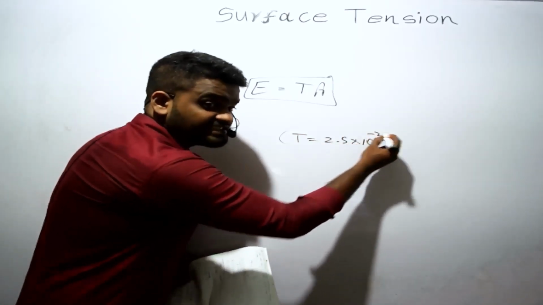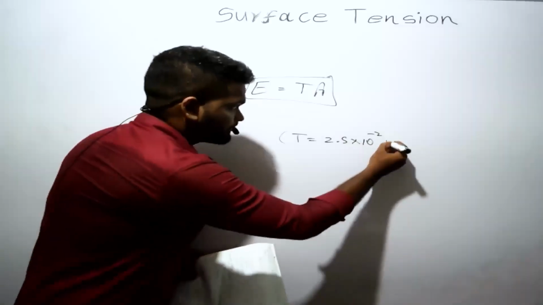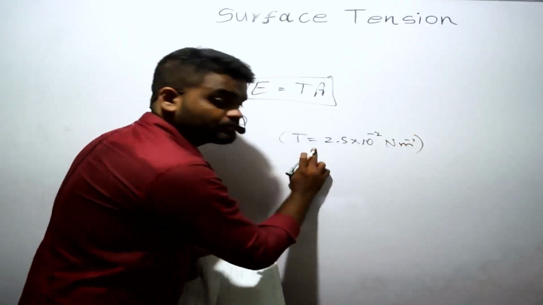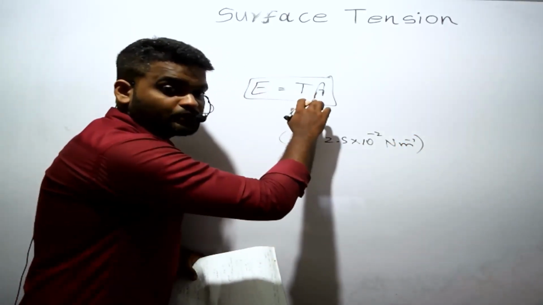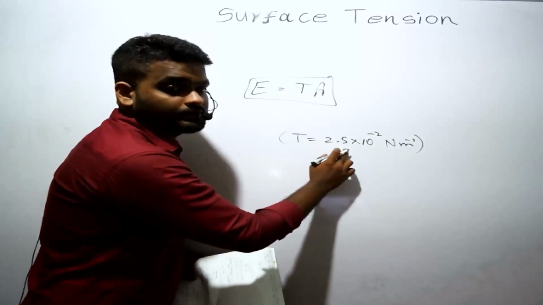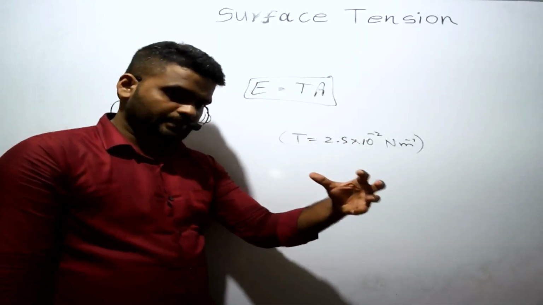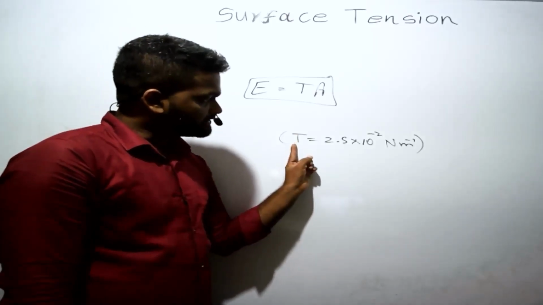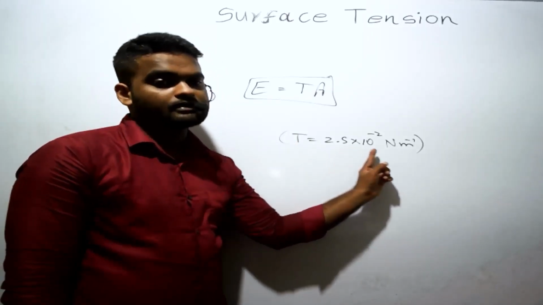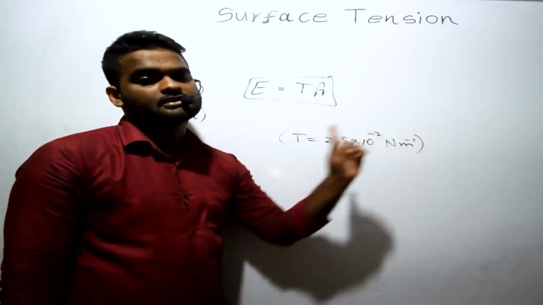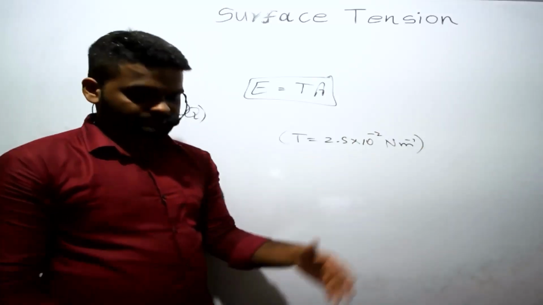Actually, surface tension has decreased. Within brackets, you have to use this value. Previous value 7.2, this one 2.5. You have to pay attention to those as well, right? Okay, so T equals 2.5 10 to the power minus 2 newtons per meter within brackets.